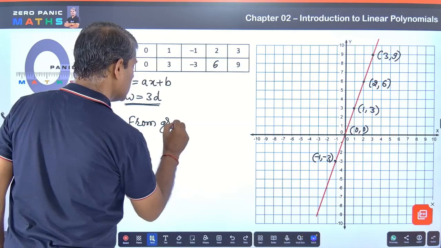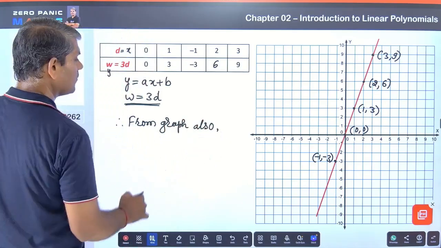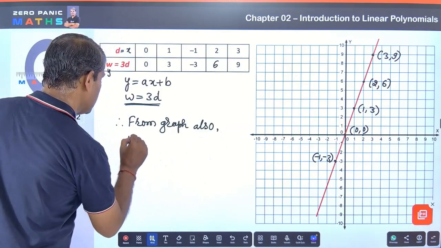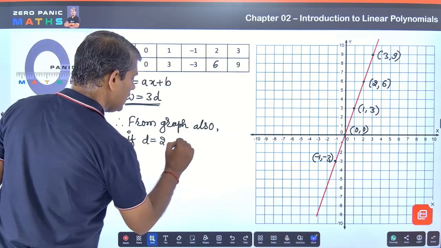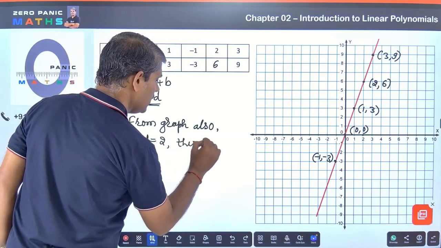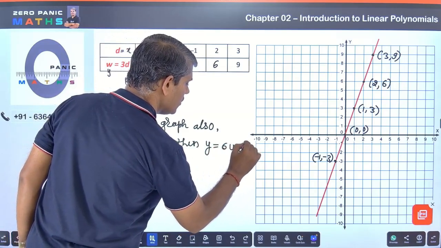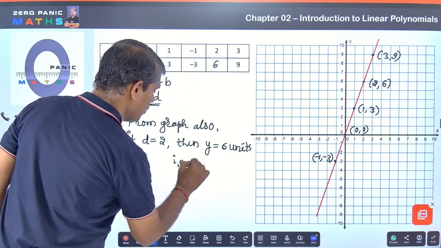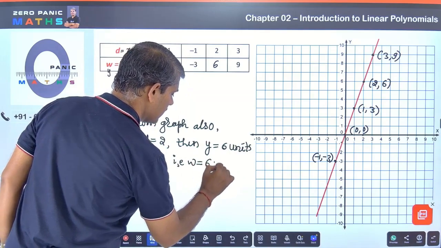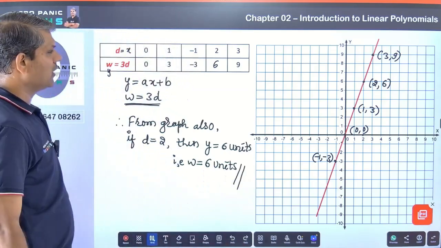From the graph also, what we need here is, if distance traveled d is equal to 2, then y is equal to 6 units. That is w is equal to 6 units. That is what you have proved graphically also.